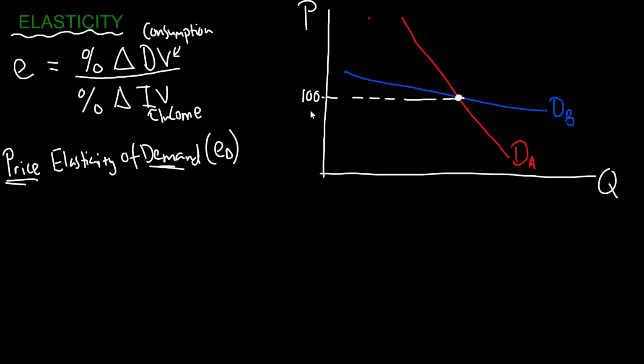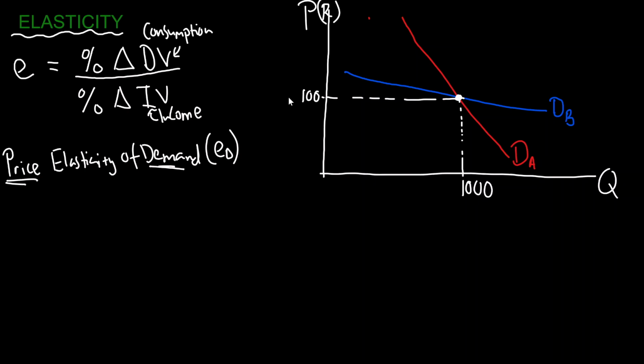Let's assume that this is 100 rand. Since I'm in South Africa, we use rands here. And this is the quantity for both of them. When the price is 100, both of them are demanded a quantity of 1,000.